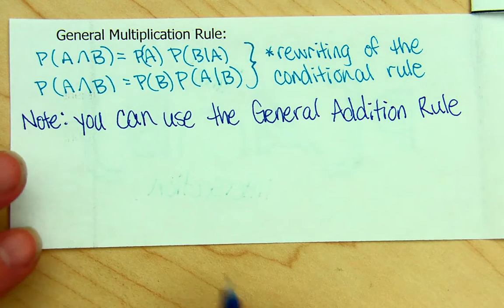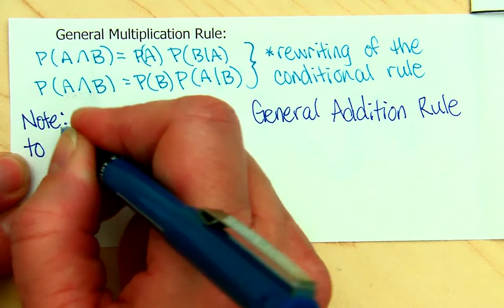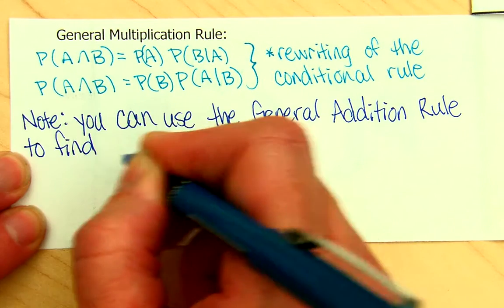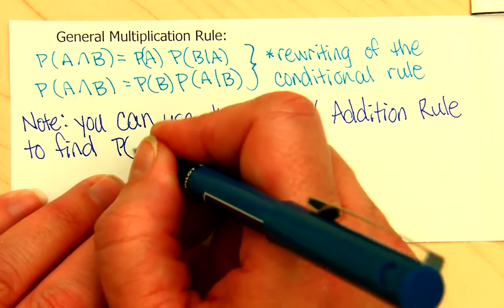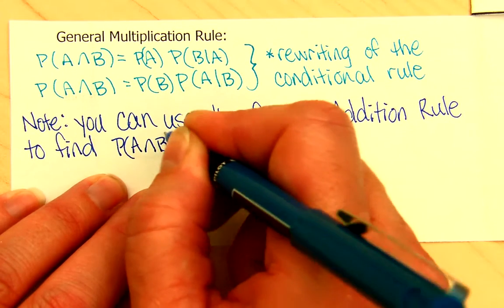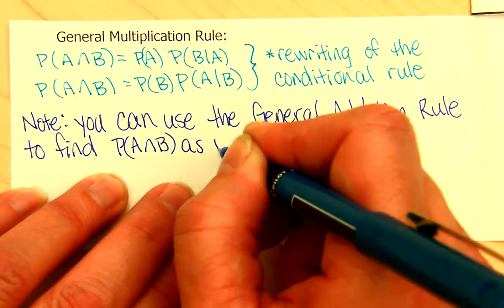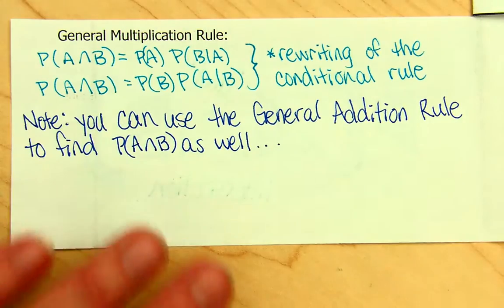That general addition rule to find probability of A and B as well.